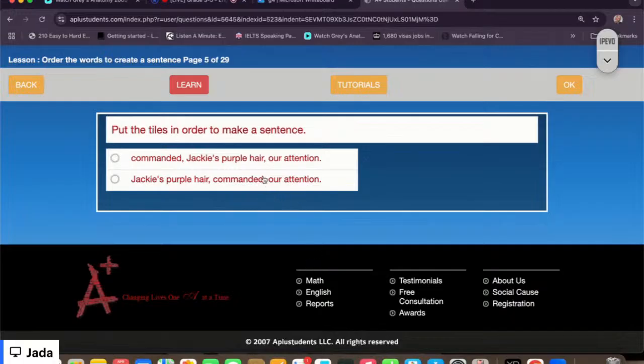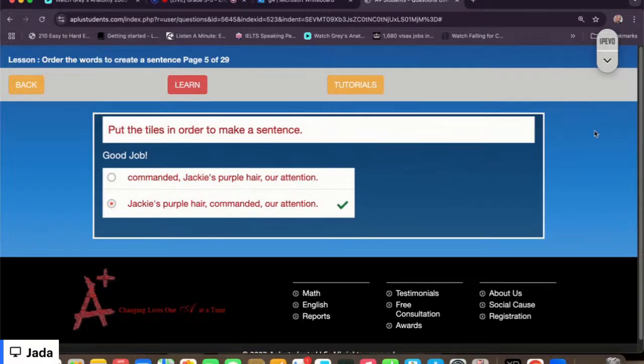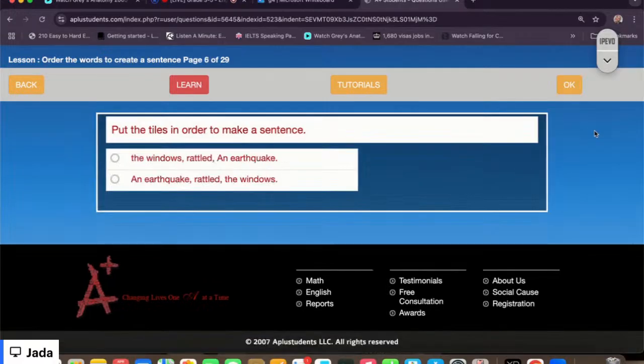So: Jackie's purple hair commanded our attention. Okay, we have "the windows rattled and earthquake." What's the right order here?